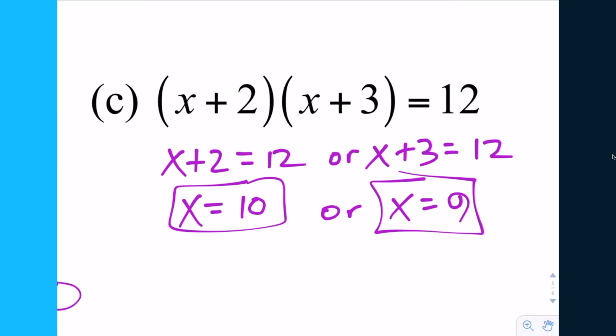You got what I got? It's the same. Nice. Try it out, see if it works. Right? You can always get in that habit of testing out your answers.